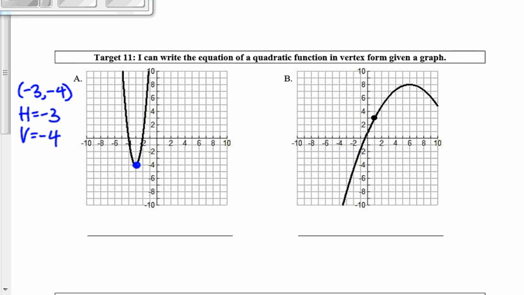And that 1, 3, 5, 7 pattern, remember that. Let's see if it follows 1, 3, 5, 7, or maybe a multiple of that. So it looks like the next point here is right here and here. So that means we would have to go up 4, which means we multiplied by 4. So this next one would be 12.